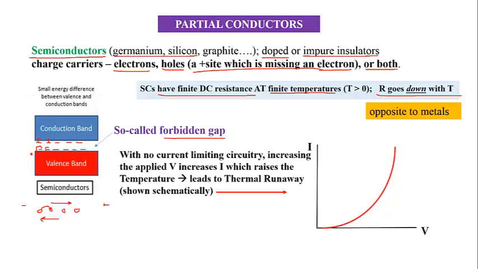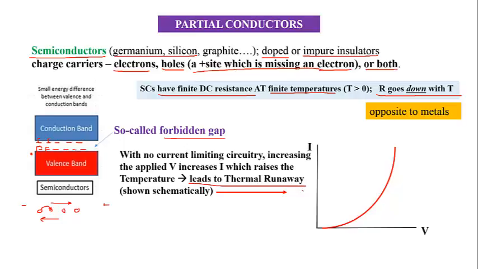Okay, so the other property that I want to just mention is that because the resistance goes down with temperature, as you increase the voltage across a semiconductor, the current will cause heating of the material. And it's just the collisions of the charge carriers with the lattice of the material. It's a little more complicated than that. Think of phonons if you've ever heard of them. But anyway, the increase in current that occurs when you increase the voltage causes the temperature to give you more and more charge carriers, and that leads to thermal runaway.